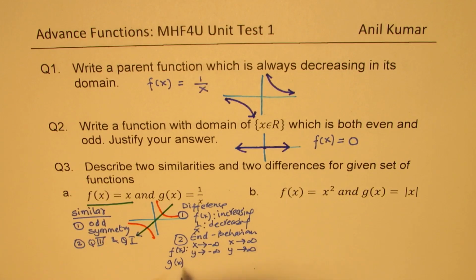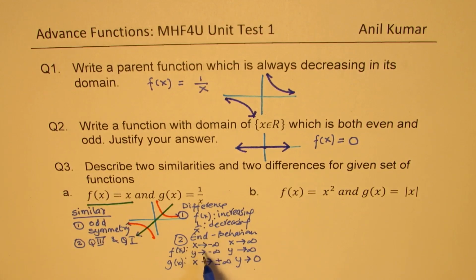And for g of x, when x approaches positive or negative infinity, y approaches 0, right? So there is g of x, which is approaching 0 as x approaches positive or negative infinity, correct? So these are good differences between the two functions.